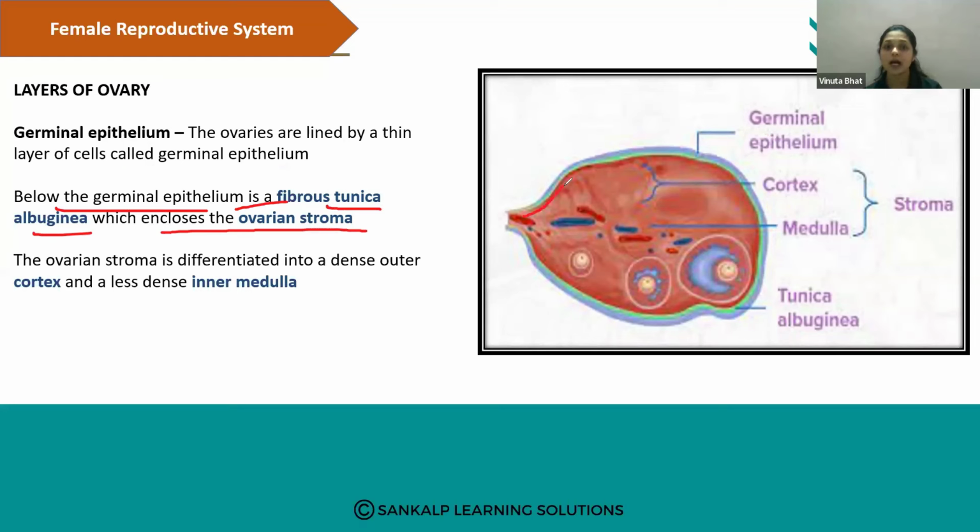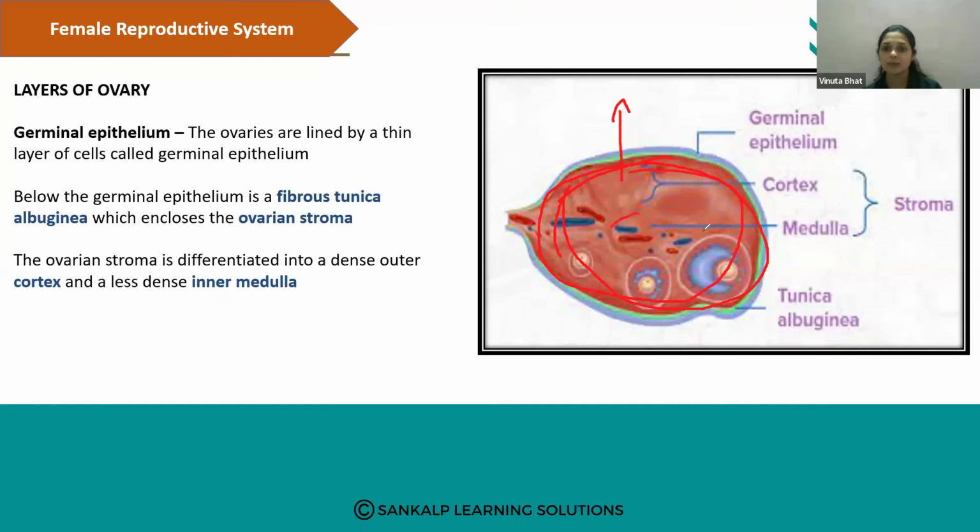Next to that, the tunica albuginea layer is there. So we can divide the ovary into two parts, cortex and medulla. The inner cavity, this region is called the stroma, and the stroma is differentiated into two parts.